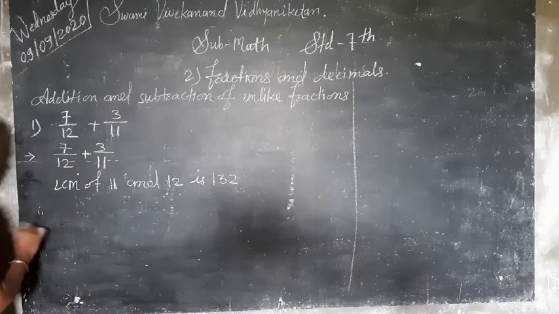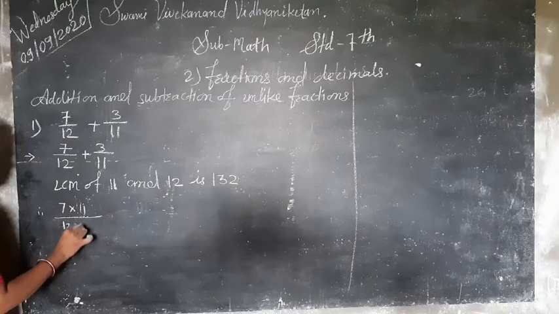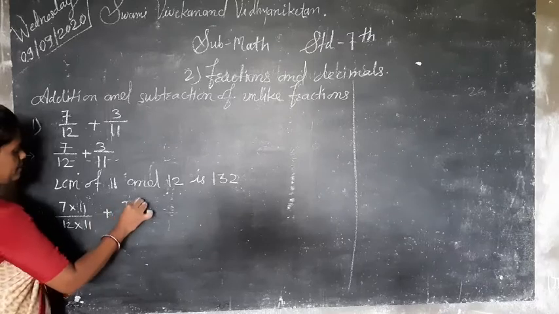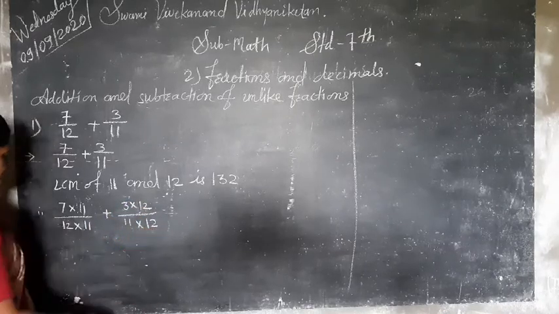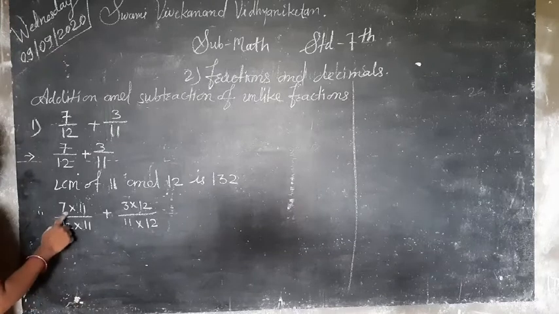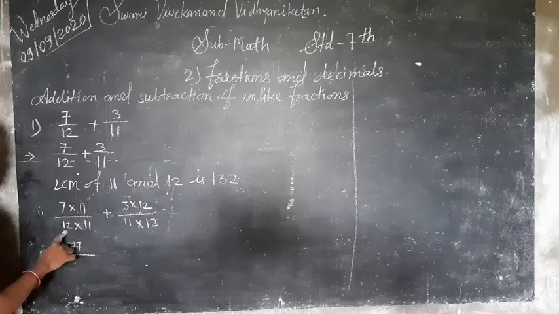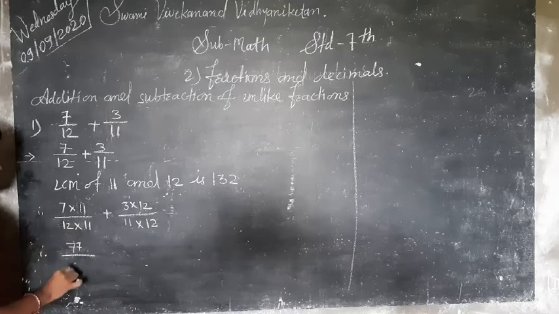So therefore 7 multiplied by 11 upon 12 multiplied by 11, plus 3 multiplied by 12 upon 11 multiplied by 12. So 7 multiplied by 11 is 77. 12 multiplied by 11: 12 ones are 12, 12 ones are 12 plus 1, 13.